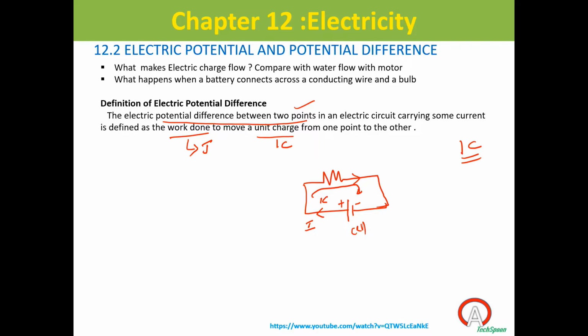Let me explain once again. The electric potential difference between 2 points in an electric circuit which is carrying current is defined as what? It is the work done to move unit charge, or 1 coulomb charge, from one point to another.